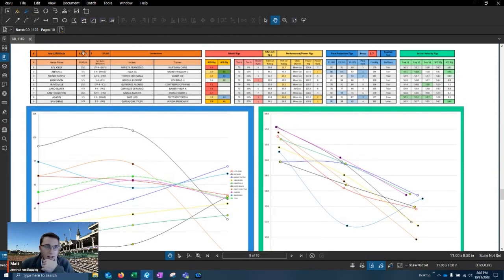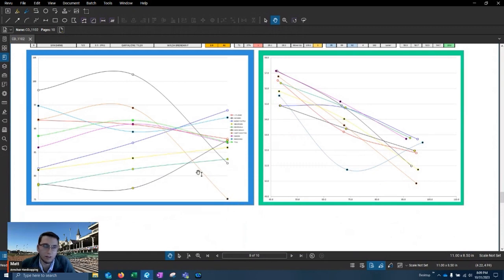To me, at 8 furlongs, I want to see something more in line with this 3, and really even this 5, because that 5 starts up pretty high as well, but still maintains a relatively high velocity compared to the 2, with almost a 2-unit delta there. So I really think this 2 is going to use a lot of gas to get up front early and then wear down. And you can see that with the pace figures as well, with the LP being well below, almost dead last in the field.